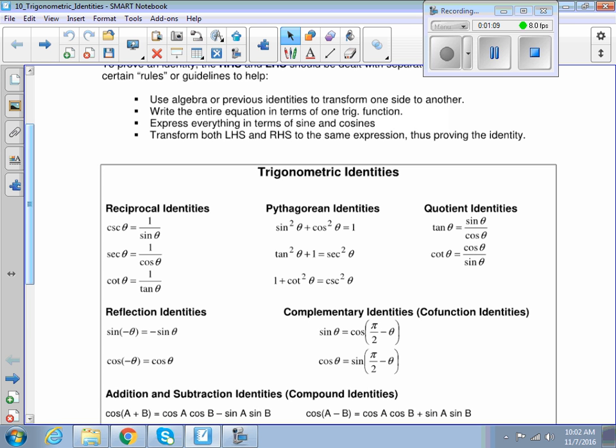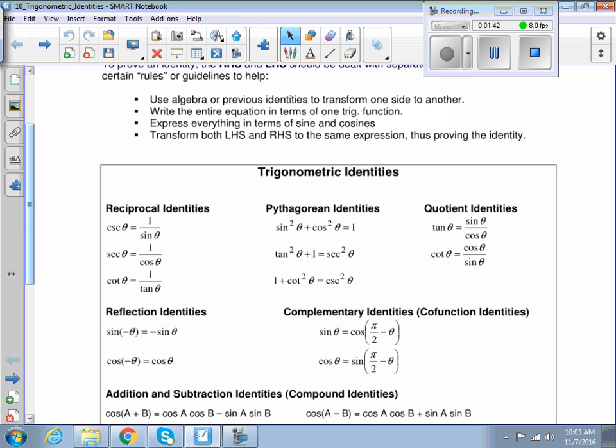In doing that, you can use any of the identities you can see on this page, or you might need to do some algebraic work, such as finding a common denominator, multiplying by a conjugate, or factoring, for instance. So this is a process. Some of the questions are easier, some are harder, but you get good at it by doing practice.